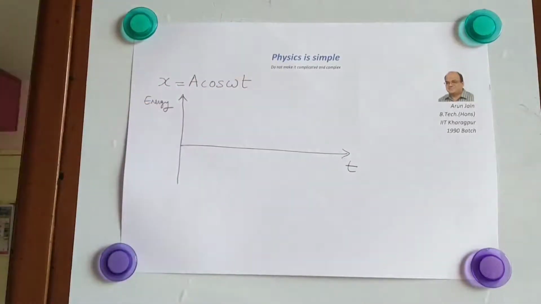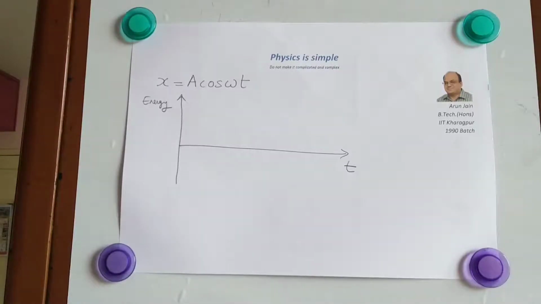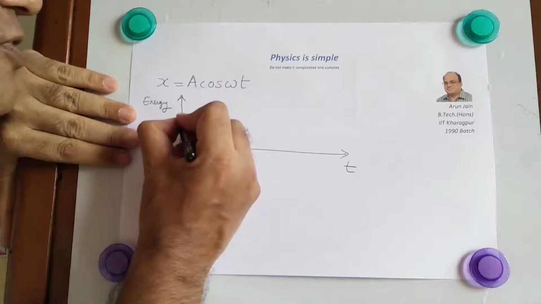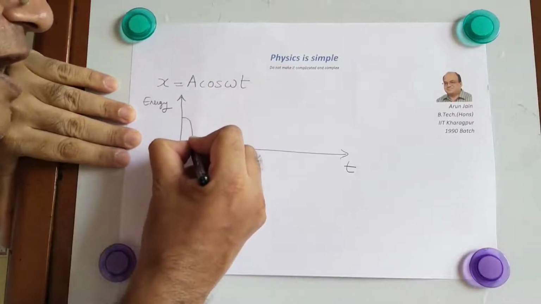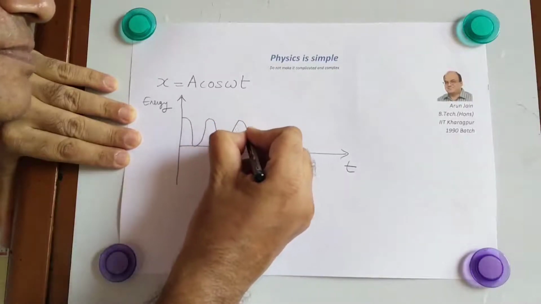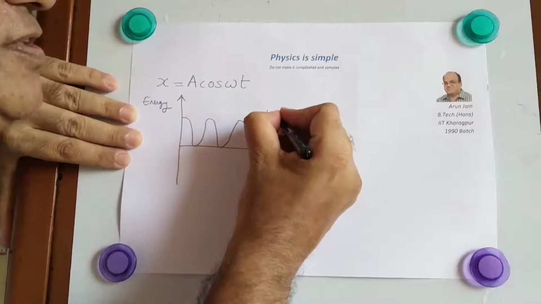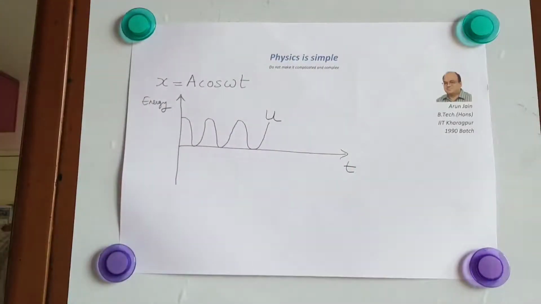If we take x equal to a cos omega t, at t equal to 0, the particle is at the extreme position x equal to a, and at the extreme position potential energy will be maximum. So the graph will start from here and go like this. This is the potential energy graph. At the extreme position potential energy is maximum.